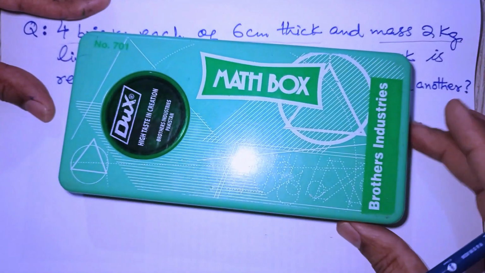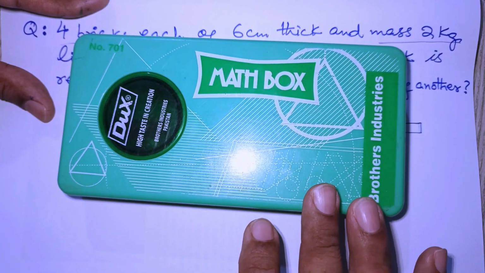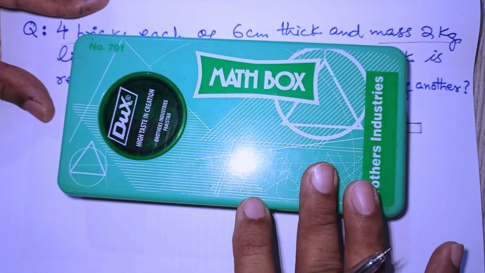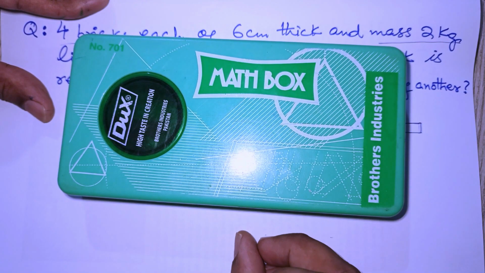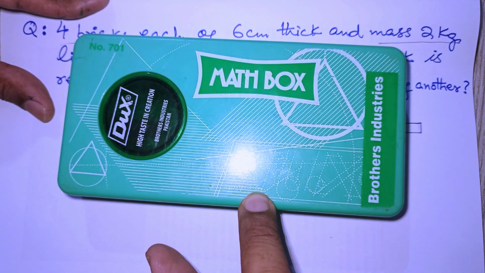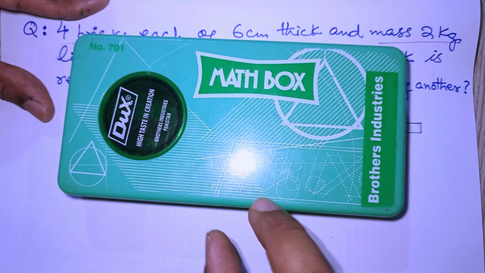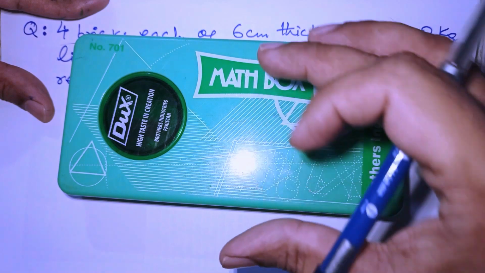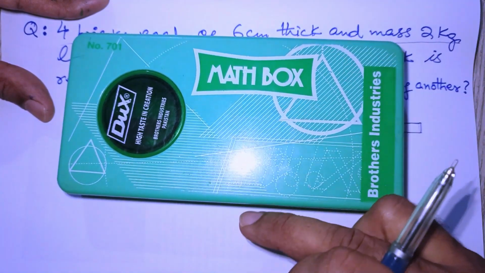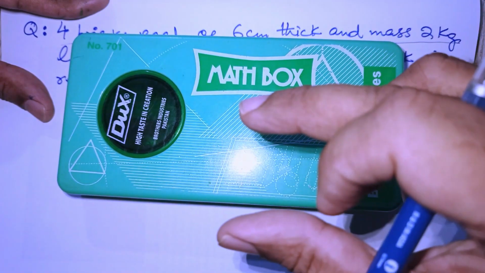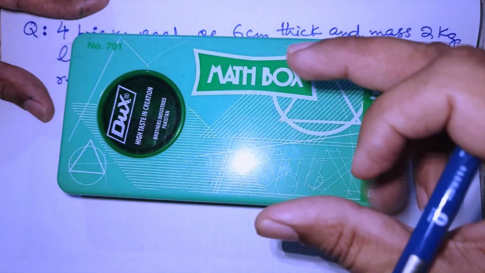As far as this first brick is concerned, there is no work required to stack it because it is already kept on the table. When we lift the second one, we have to put it over here. How much height do we have to cover? We have to cover 6 centimeter to keep the other brick over it. Then for the next one, we need 6 and 6, 12 centimeter. For the fourth one, we need 6, 6, 6, 18 centimeter.